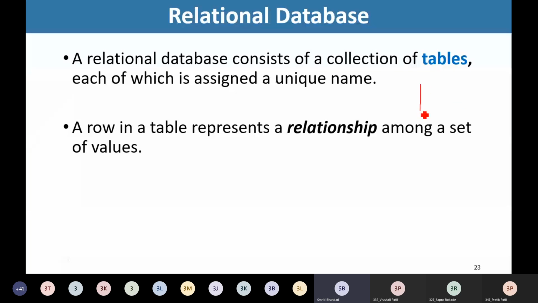So what do we mean by that? If I consider a table, say instructor, then one row in the instructor table represents one instructor. So this row in a table is representing the relationship among a set of values for the attributes. Every column in the table represents one attribute.